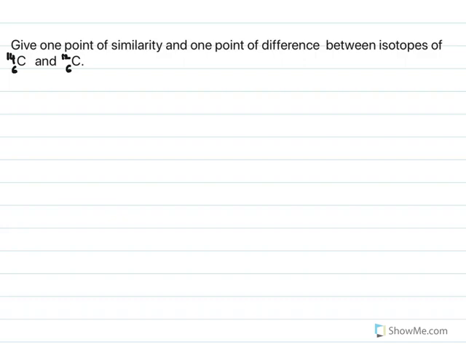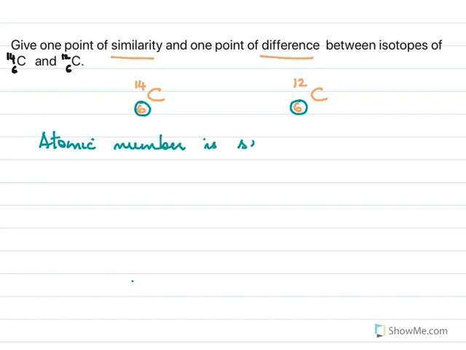Give 1 point of similarity and 1 point of difference between the isotopes. So we have here C14 and 6, C12 and 6. And if you notice here, this is 6 and this is 6. So the atomic numbers are same. That is a similarity. Atomic number is same, and that is 6.